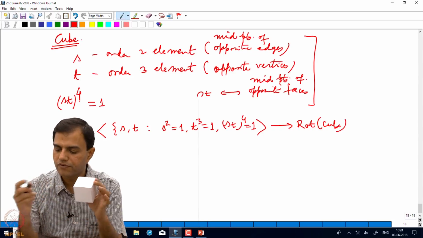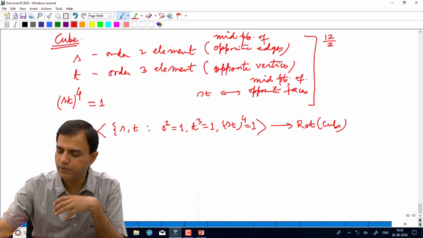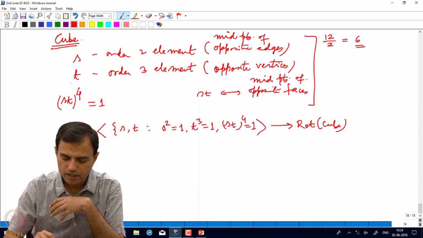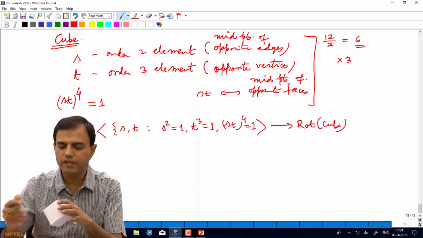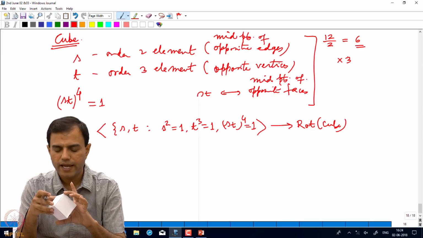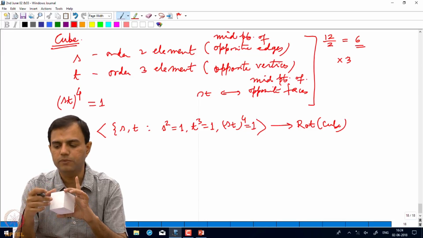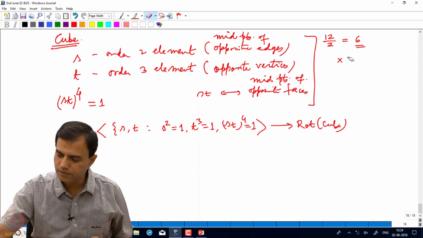There are a total of 12 edges, so there are 12 by 2, 6 pairs. So there are 6 elements of order 2. What about order 3 elements? When I do order 3 elements, I am considering opposite vertices, and in each rotation I am getting 2 non-identity positions. So I will multiply not with 3 but with 2.